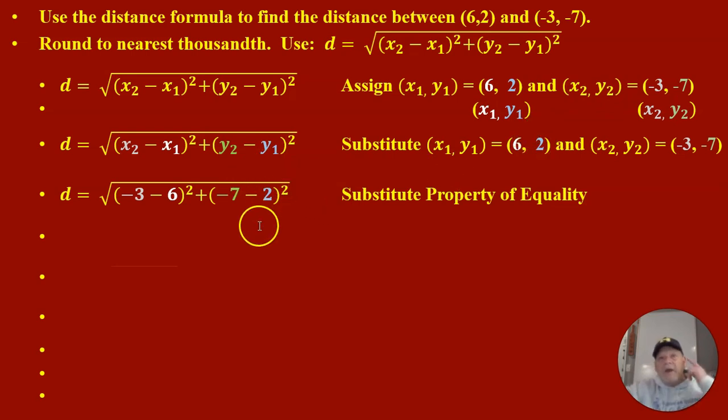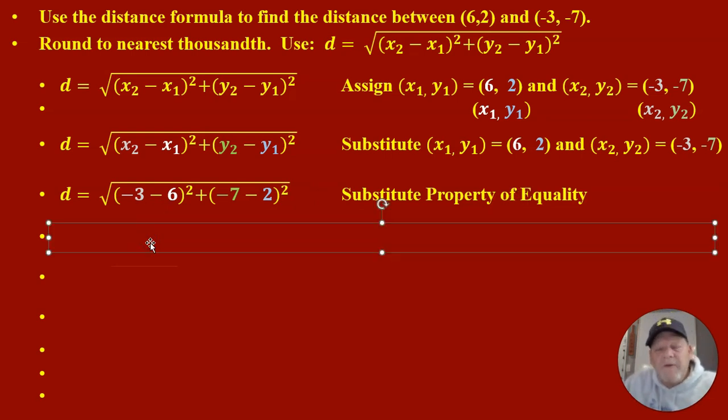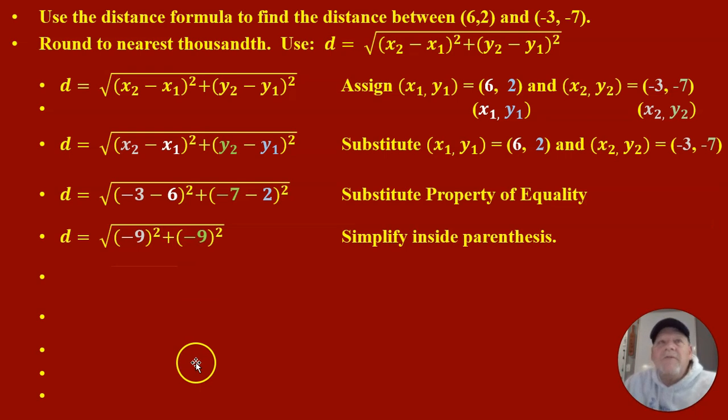Put parentheses around that and then square them. And that's called the substitution property of equality, which means you can substitute a value that equals another value in an equation. Negative 3 minus 6 is negative 9.